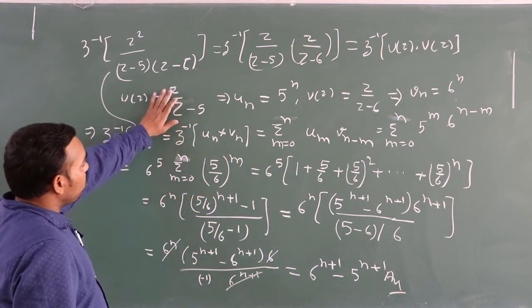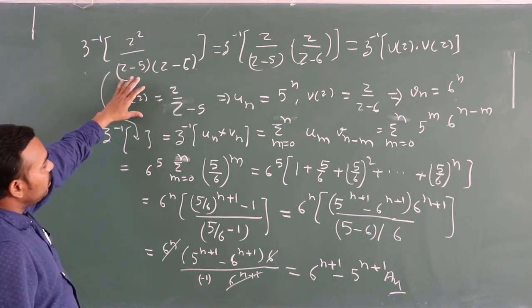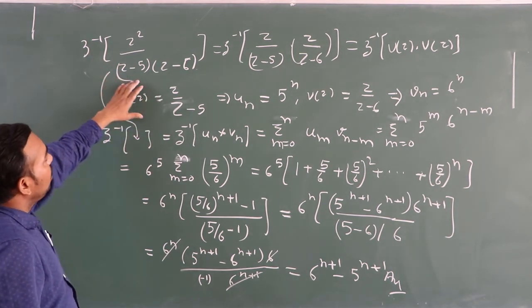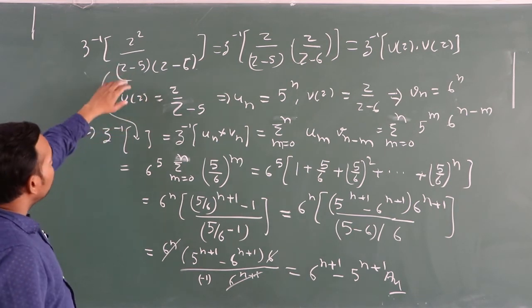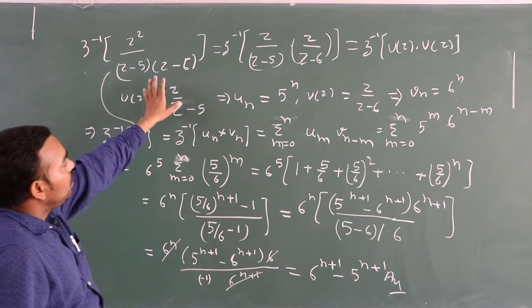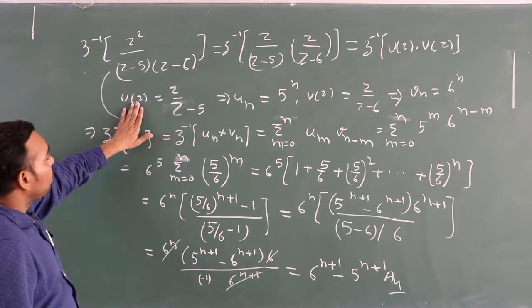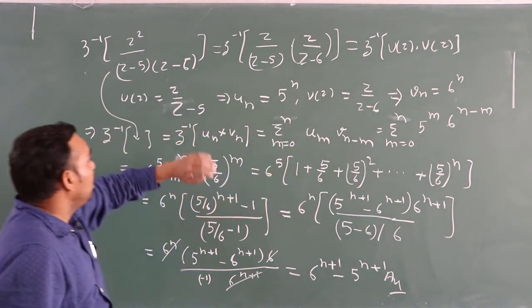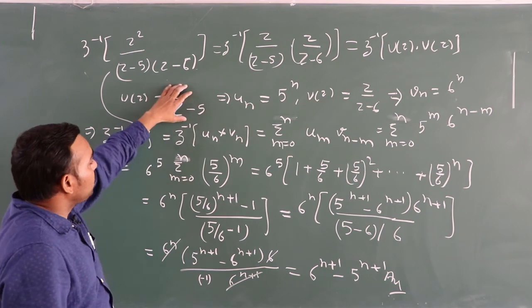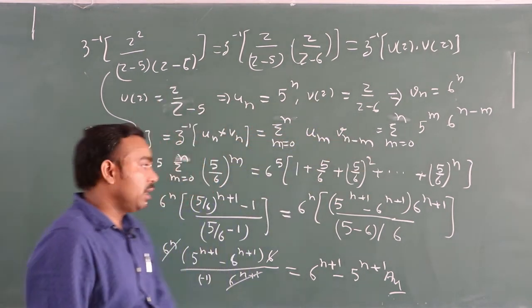So the procedure is that the convolution theorem is used to find the inverse z transform of a multiplication term. Take one term as U(z) and the second as V(z), and we know that the inverse of the first is 5 to the power n and the inverse of the second is 6 to the power n.